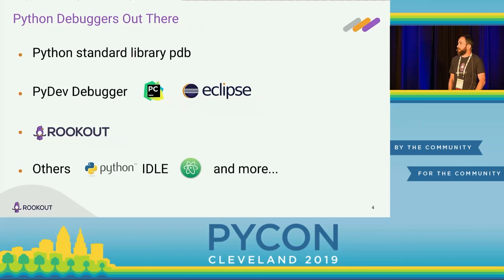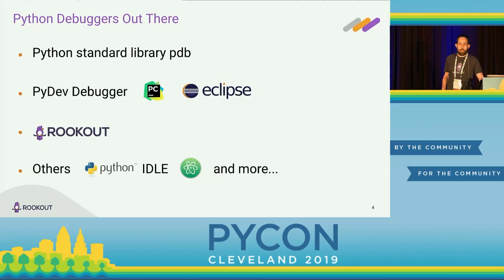And people have been talking a lot about IPDB, which I haven't heard about. You have the PyDev debugger, which might be the most popular one out there. Both PyCharm, which has a booth outside, and Eclipse use the PyDev debugger behind the scenes. Rookout supports debugging Python as well as Node and JVM. Python Idle and Atom each have their own built-in debuggers. And I'm sure there are others out there.